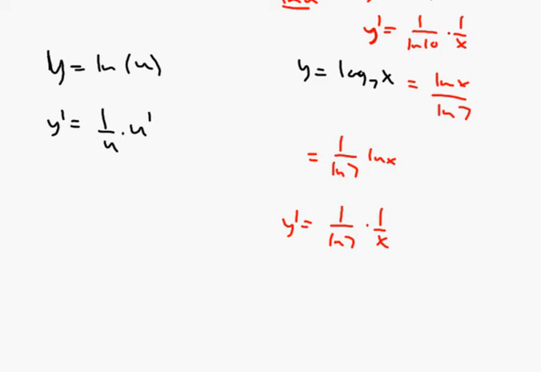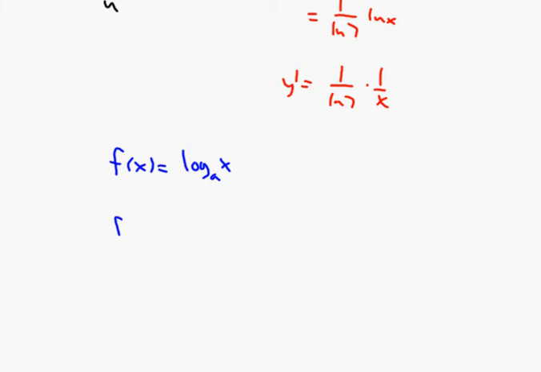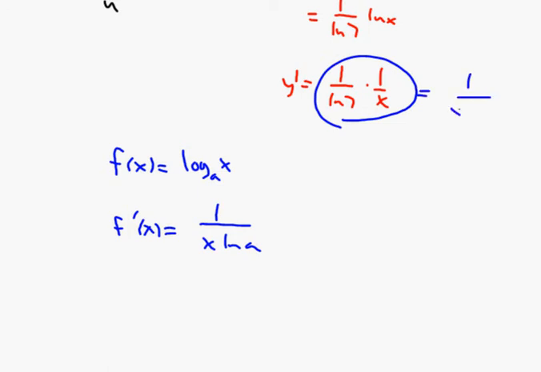Okay, and if you looked up formulas in textbooks and things, you probably saw something like this. If f of x equals log base a of x, then f prime of x equals 1 over x ln a. It's probably what you saw in your mathematical past. And if you think about it, that's exactly what's happening here. We could write this, if we wanted to, as 1 over x times the ln of 7. It's always going to be the ln of the base of the log that you're taking the derivative of.